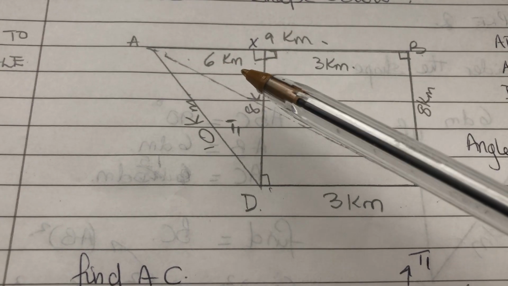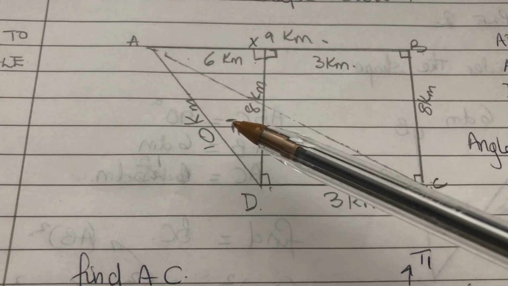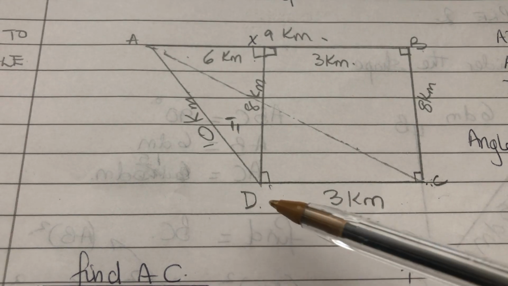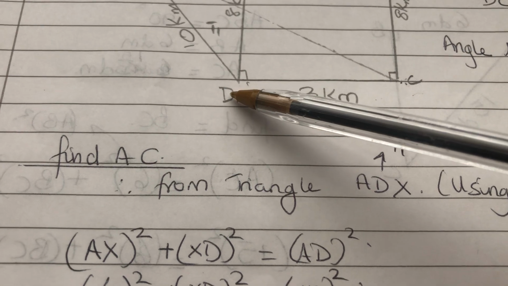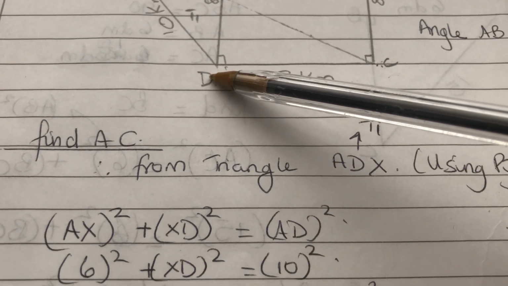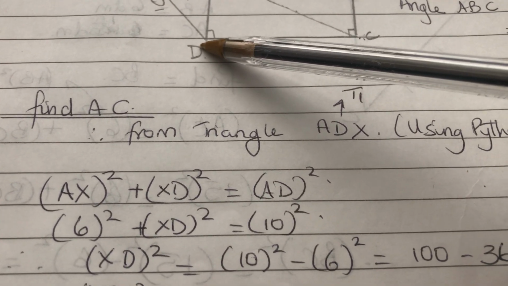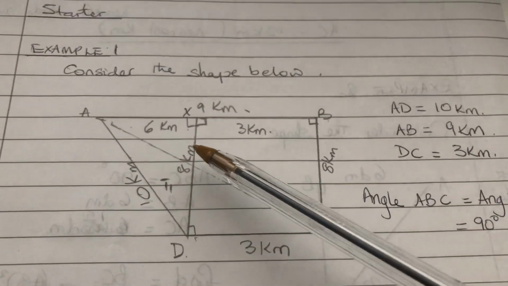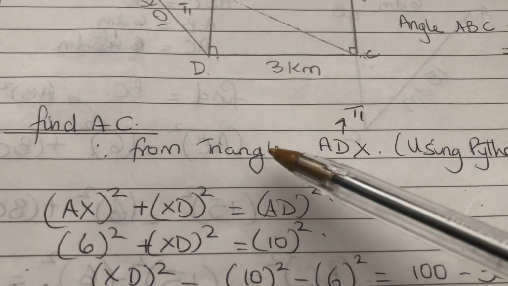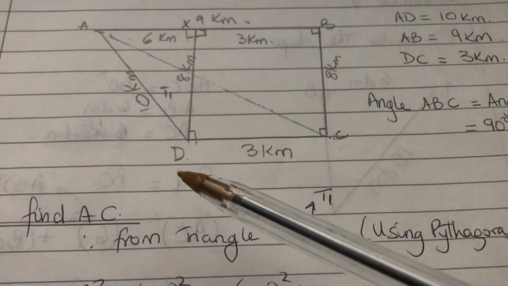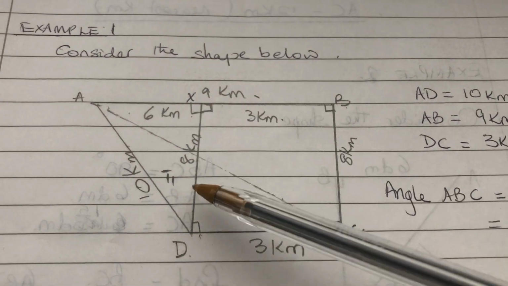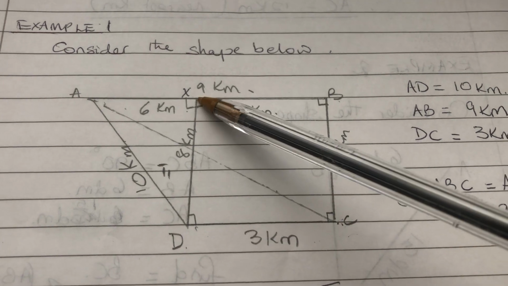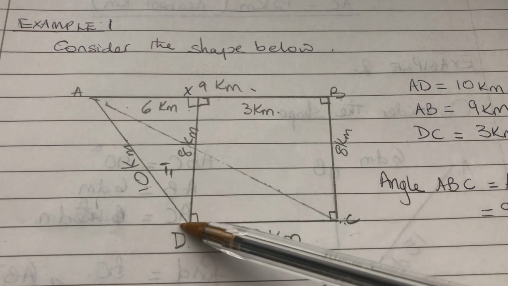Now we know AD is 10 kilometers, but we don't know XD, that one. We had to use calculation to solve that.